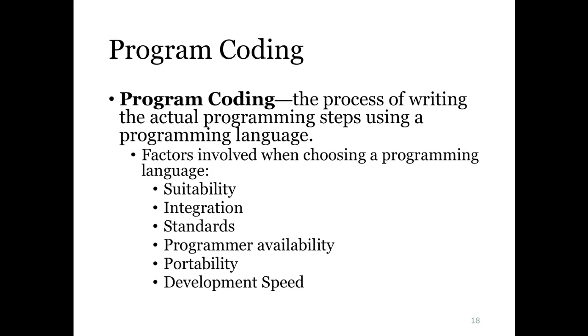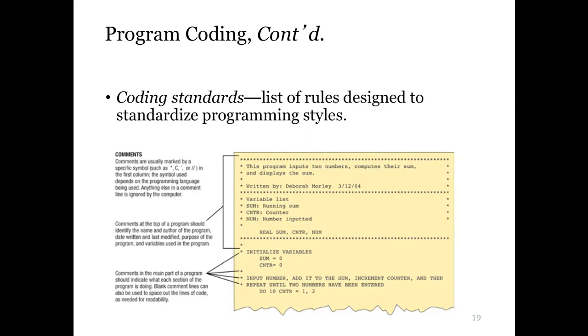Script languages like Python are usually fast, but for more structured or more formal languages like Java, the development speed is sometimes slower than using the quick and nifty script language. So those are the factors you need to consider before you decide what language to use.